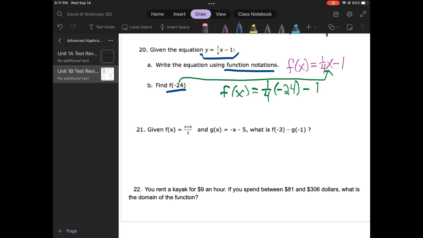When I do this math out, 1/4 times negative 24 is going to be negative 6. Negative 6 minus 1 will give me negative 7. F of x then is going to be equal to negative 7 when I am trying to find f of negative 24, but the better way to write this would be f of negative 24 is equal to negative 7. And then I am done on part B.